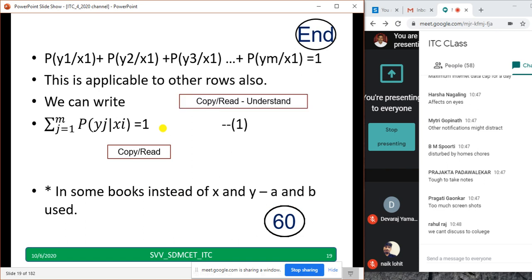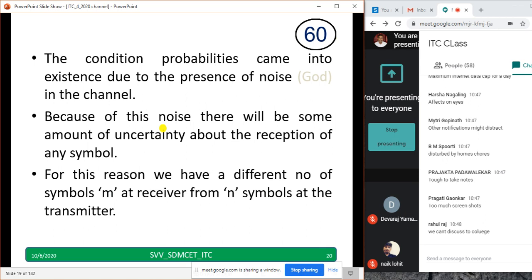Let us go to the next. See, why these conditional probabilities? The conditional probabilities came into existence due to the presence of God. I told in previous classes also, God is everywhere. This was taught to us when we were kids. But being engineers, we say noise is everywhere. Because of this noise, definitely the conditional probabilities come into picture. Because of this noise, there will be some amount of uncertainty.